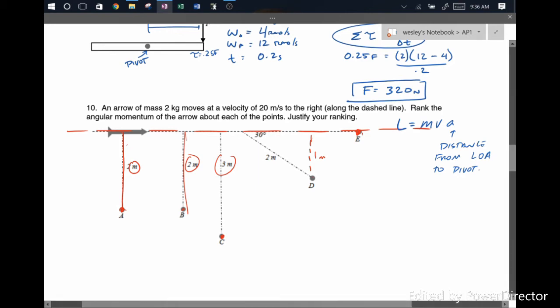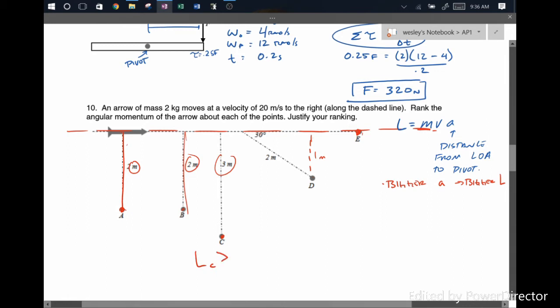What we need, the mass and the velocity are going to be the same for each point. All that matters is the a. The bigger a gets, the bigger the distance from the line of action to the pivot, the bigger the L gets. So the largest one, the angular momentum about point C, is the biggest one.